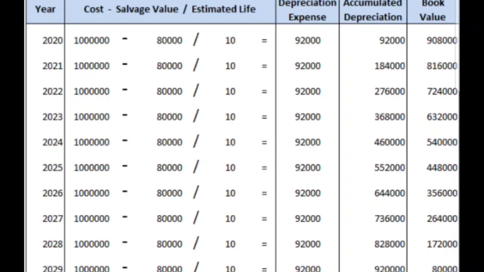One thing you can see in this chart is that cost will be the same and the salvage value will be the same, divided by the total estimated life. So the depreciation expense in this method shall remain constant throughout the life.